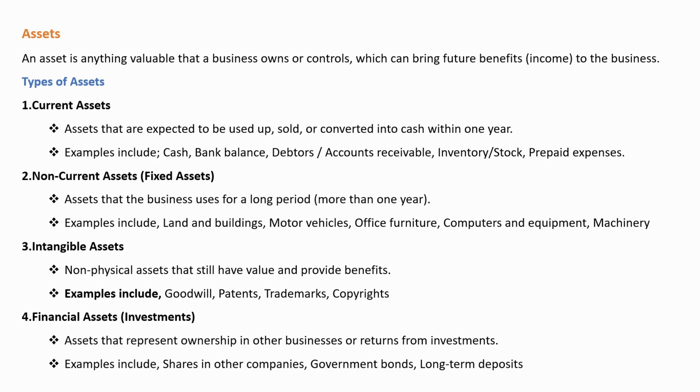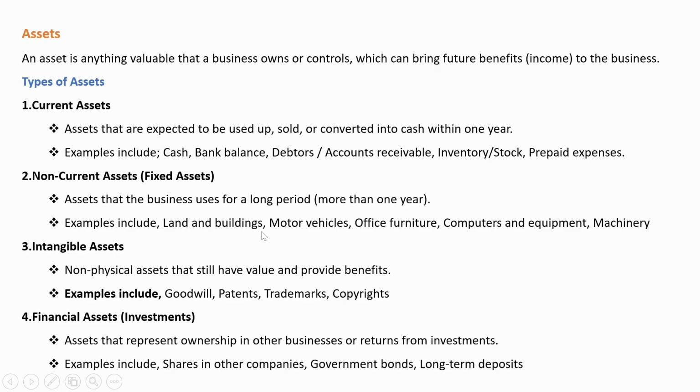Non-current assets help the business to operate, to run. For example, a machine helps the business to convert raw materials into finished goods. The business intends to keep it, to continue operating, to support its operating activities. So look at the examples of non-current assets.